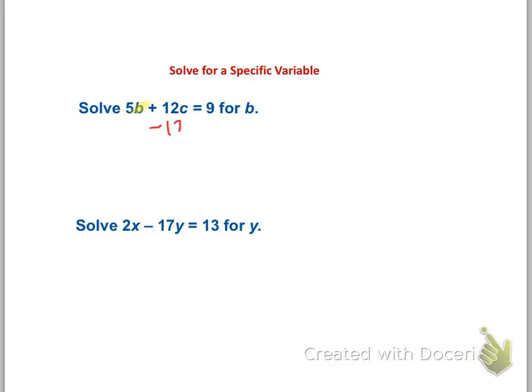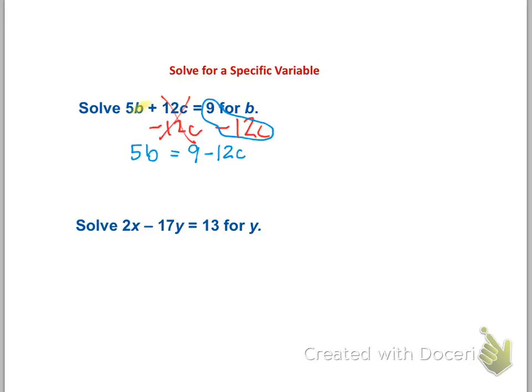I'm going to subtract 12C from both sides. 12C will disappear. I will be left with 5B equals 9 minus 12C. I cannot simplify this because they are not like terms, but I can leave it as 9 minus 12C.